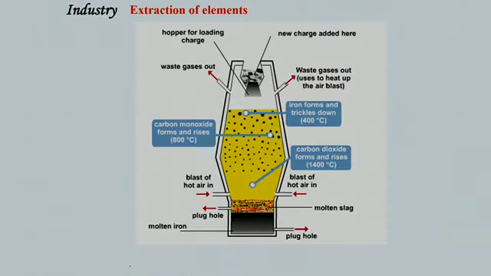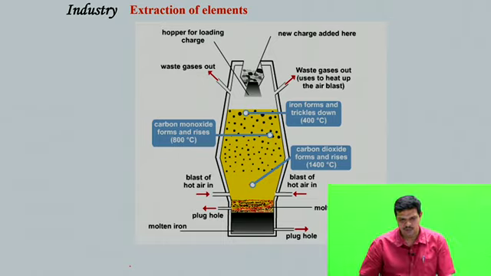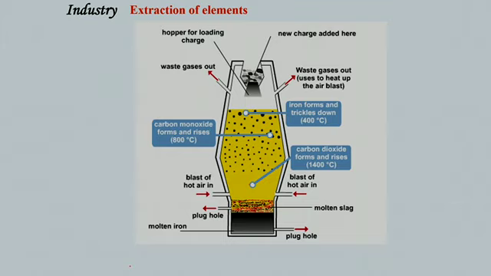Many of you already know from your 10+2 the extraction of elements from their respective ores. Most of the extraction processes involve redox reactions, either oxidation or reduction. For example, the chlorides, the halides are oxidized to the elemental form by oxygen, and the oxides are hydrogenated or reduced to the respective elemental form, and in many cases coal is used as a reducing agent.